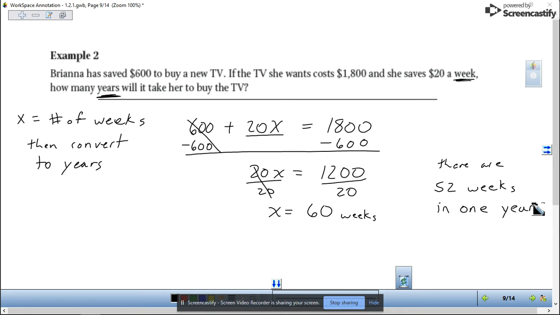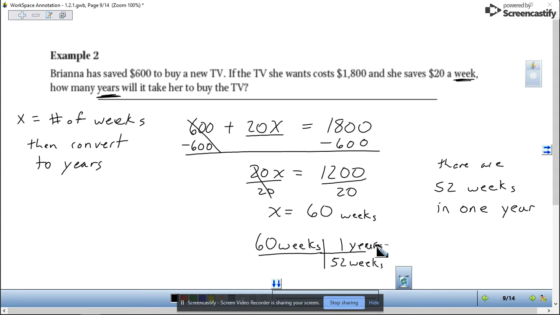So the way you would do that is you divide. You take 60 weeks divided by 52 weeks, or we can actually use a conversion chart. You'll see me do this a lot. There are 52 weeks in 1 year.